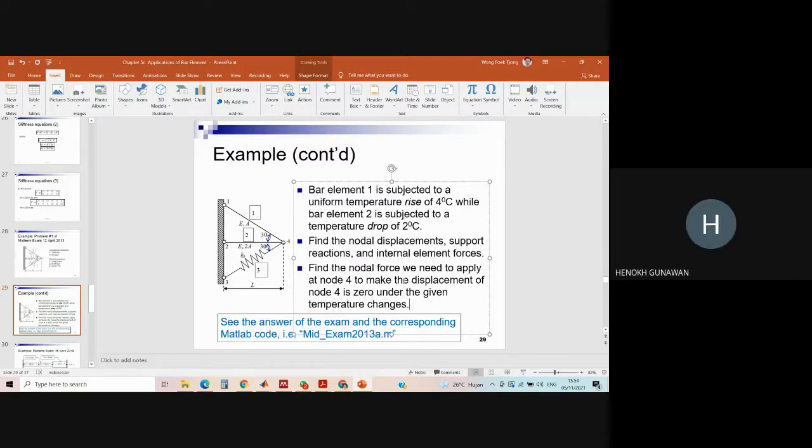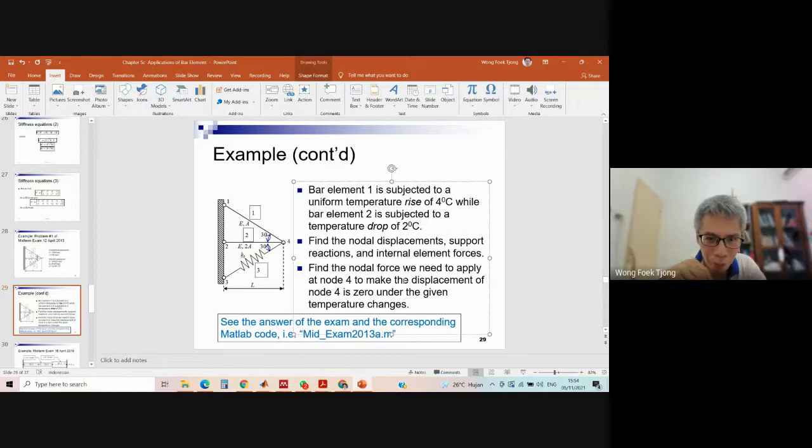Using the equation. For finding the force, we should restrain this. We should give a kind of spring in here, so that we can calculate the reaction, and then that's the force.